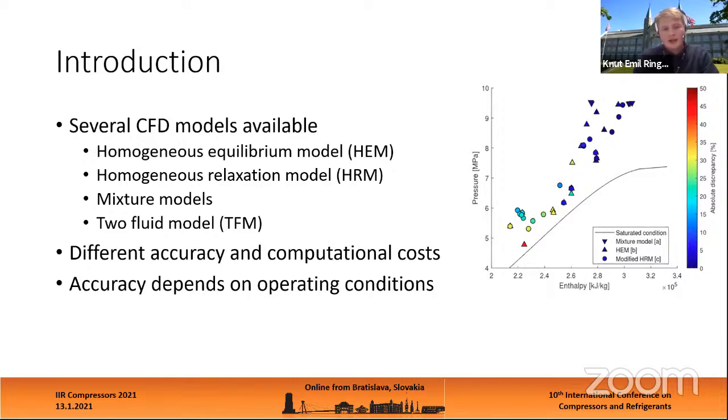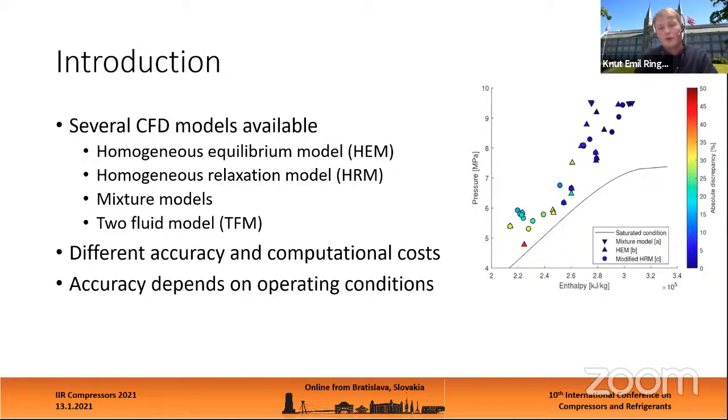These different models have varying accuracy and also varying computational costs. While all can give you pretty decent results, they can vary in computation time from 1 hour to months. To make this even more complicated, the accuracy also depends on the operating conditions under which you simulate your ejector.